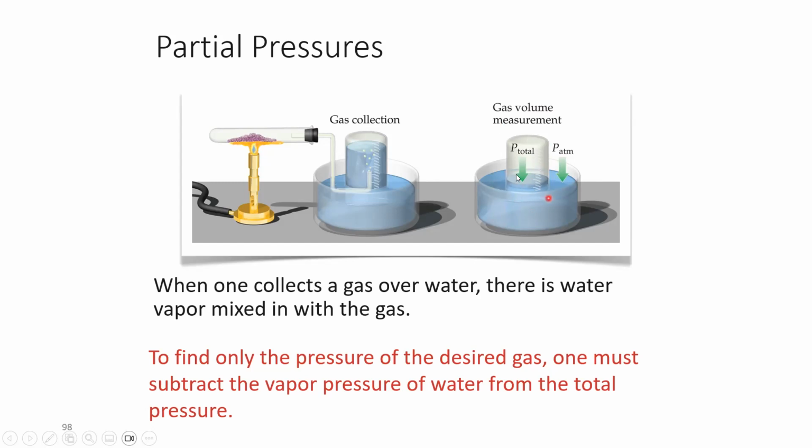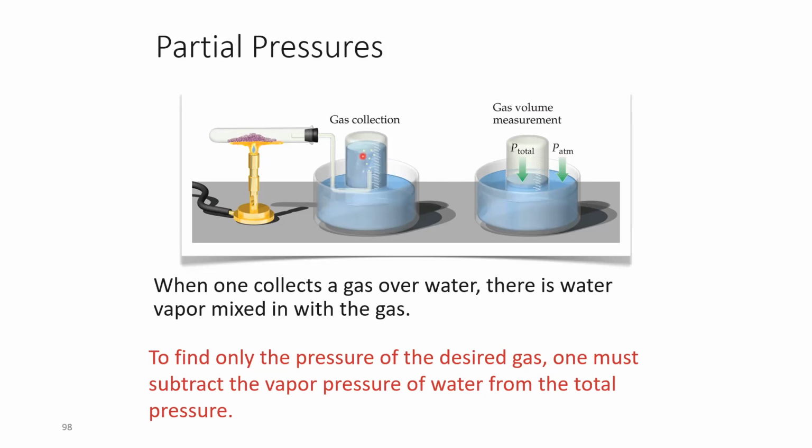So when we look at this container, thinking about Dalton's law of partial pressure, we're now going to have the pressure from whatever gas we produced. In our case, it was the oxygen gas from the decomposition of potassium chlorate. You could do it with other reactions and have some other gas being collected here. But in addition to the gas being produced from the reaction, we're also going to have some amount of water vapor just from the vapor pressure of water.